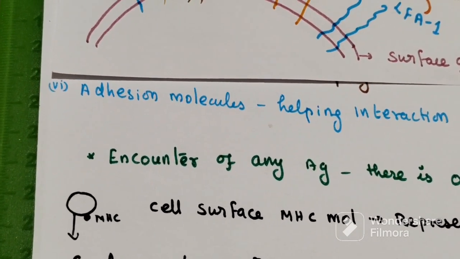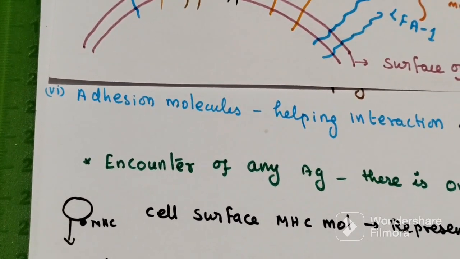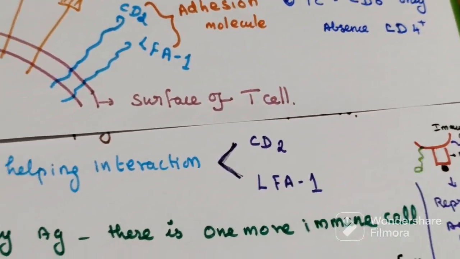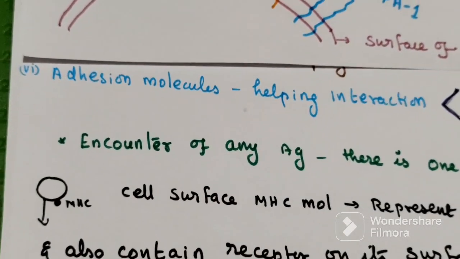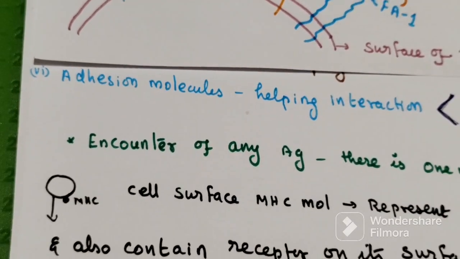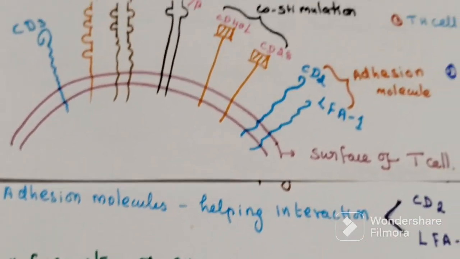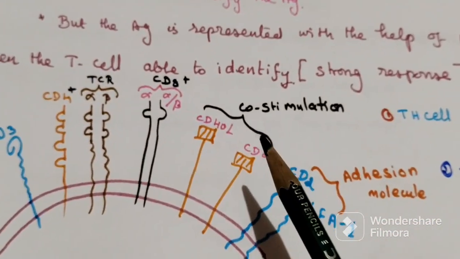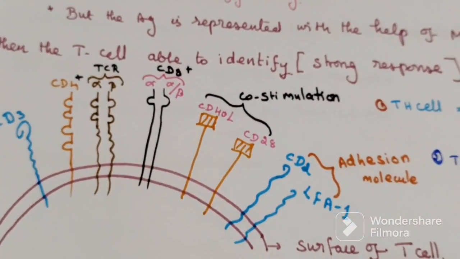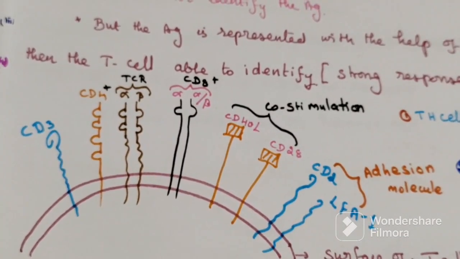The TCR will interact with the MHC molecules, and the cell also contains different receptors on its surface which interact with the co-stimulator and additional molecules. The interaction between these two immune cells becomes stronger.